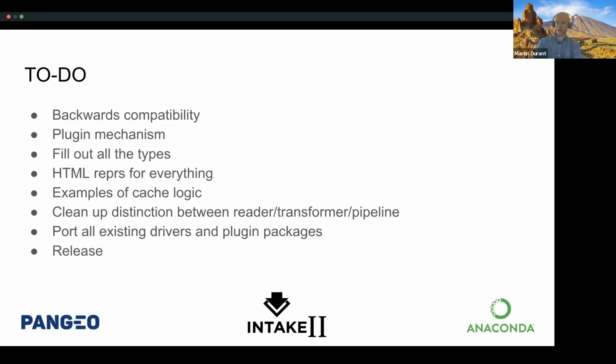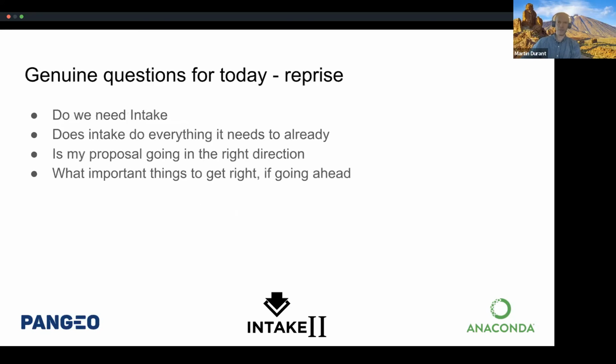Example, interesting pipelines like the cache thing that I talked about should be there. Open question about whether readers and transformers of pipelines are really different things or whether they should be the same thing. And of course, there's existing intake things, which like the STAC and THREDDS, they should be easy to port. It just takes some time. And then put this out there for the world if people like it.